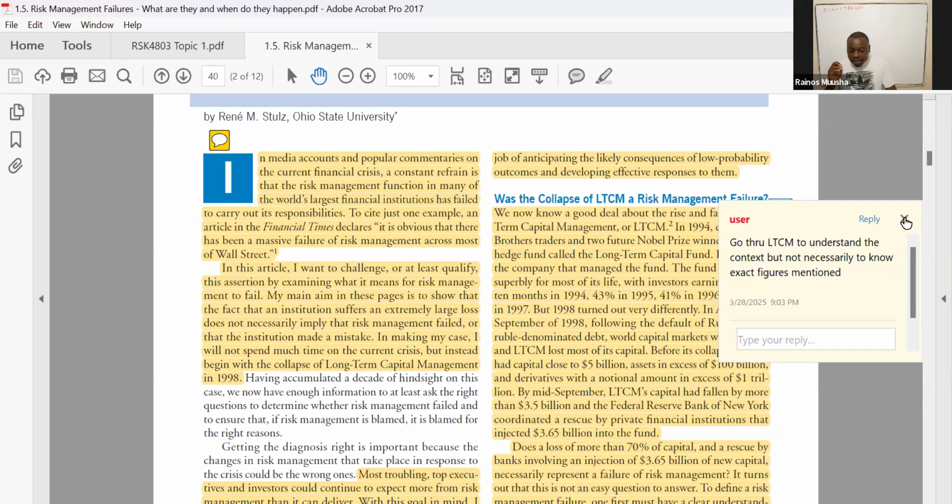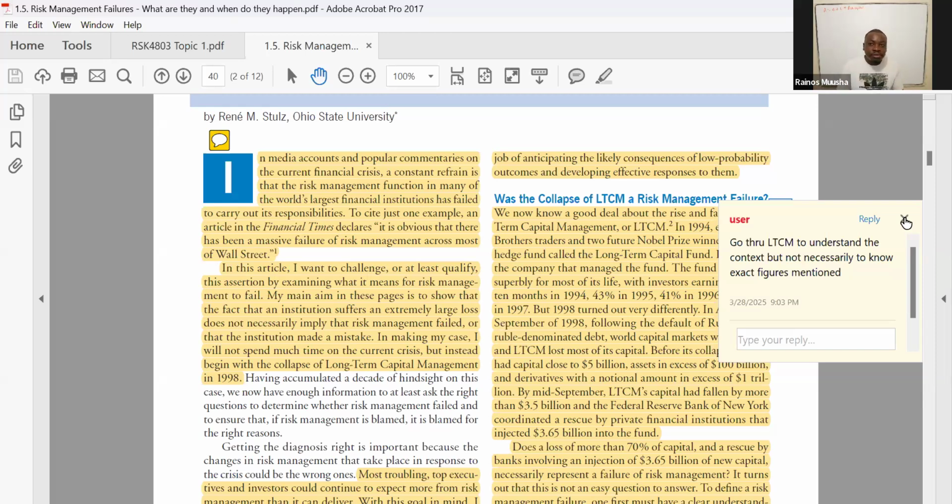Understand the context of what is being discussed and how it is relevant to risk management failures. Don't worry too much about the specific figures, because you don't want to waste your memory space trying to remember them, because that's not how they're going to be asking you questions.